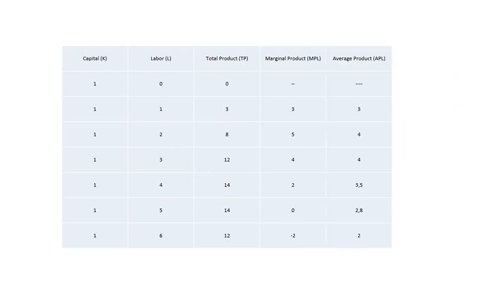Now let's look at APL, which measures the average output produced by each worker. We calculate APL by dividing the total product by the number of workers, the labor.